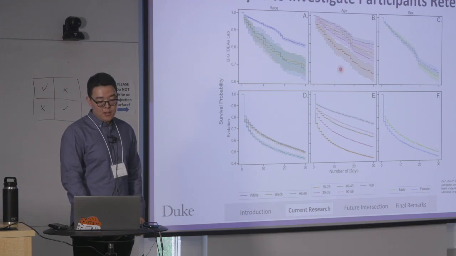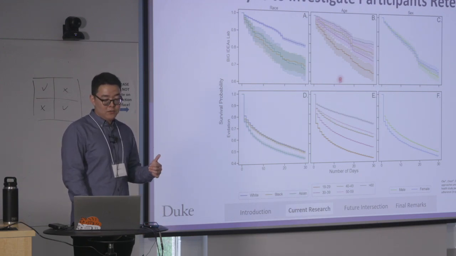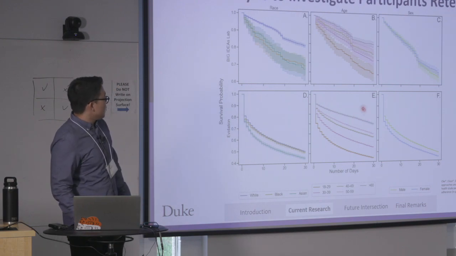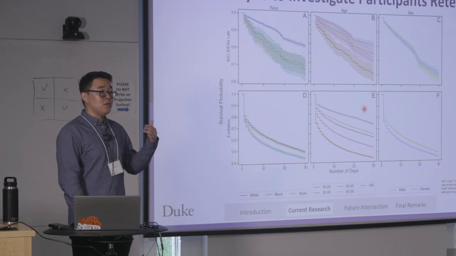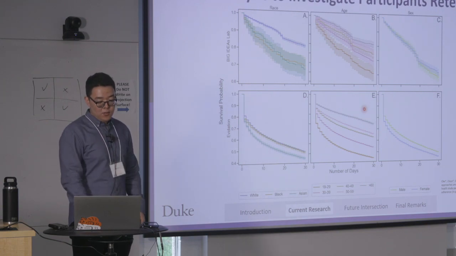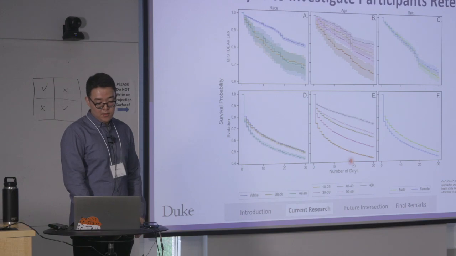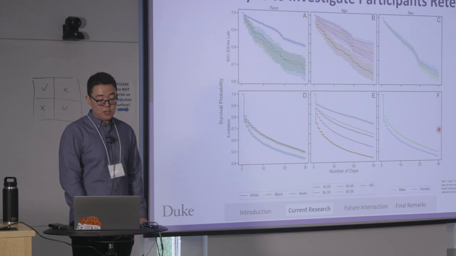But across both Evidation and COVE-Identify in terms of age, we see that the older you are, there's a higher chance of you staying in the study, while the younger you are, the lower your probability of staying in the study. And we didn't see any sort of significant difference for the male and female population.